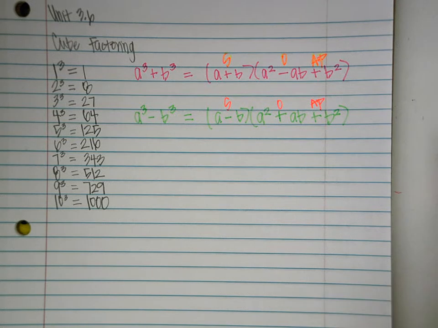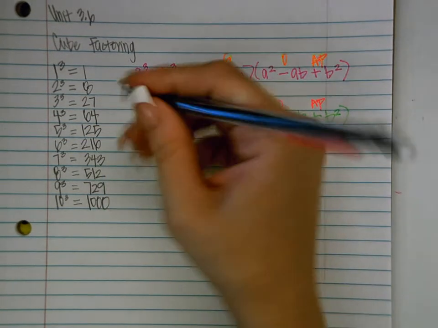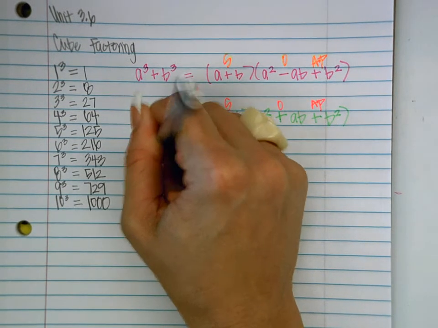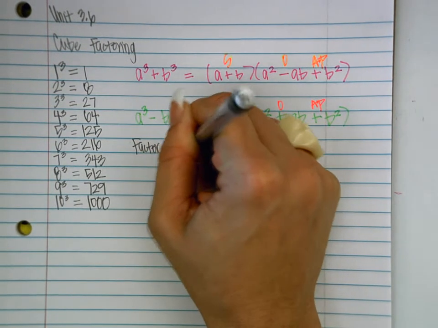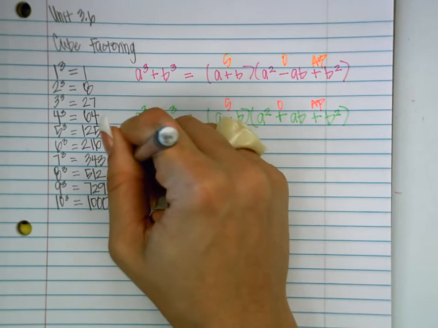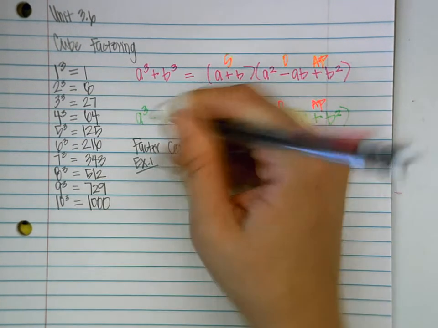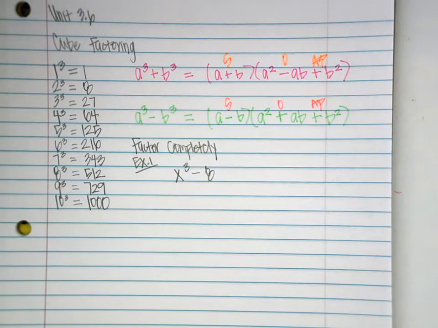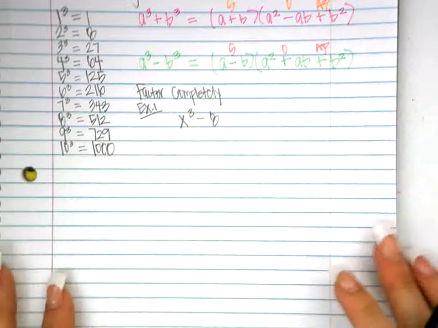For example, number one, first off, it's always going to say factor completely, so we always need to factor completely. For example number one, I would like you to factor x cubed minus 8.